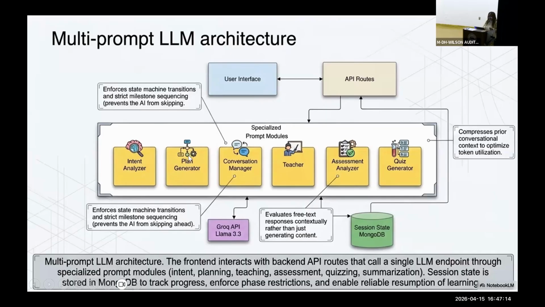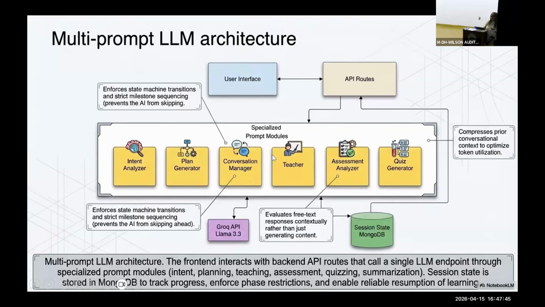And then right now we actually have agents for each one, like the previous talk he had. So we have agents for each of these modules. We have a plan generator agent. That's the agent that creates a plan based on what the student wants to learn, and then it asks for whatever modifications they want to make to the plan. And then the conversation manager, just keeping track of the conversation as they go through each milestone.